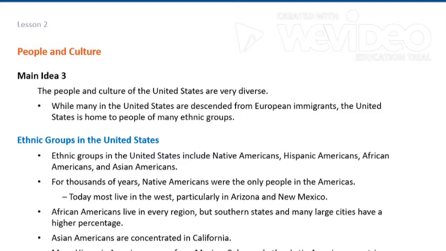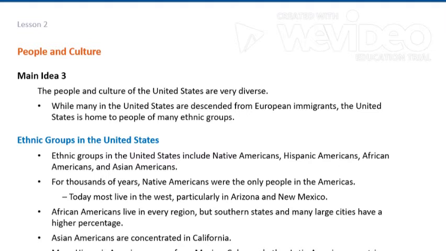Ethnic groups in the United States. Some ethnic groups in the United States include Native Americans, African Americans, Hispanic Americans, and Asian Americans. A higher percentage of these ethnic groups are concentrated in different areas of the United States. For thousands of years, Native Americans were the only people living in the Americas.